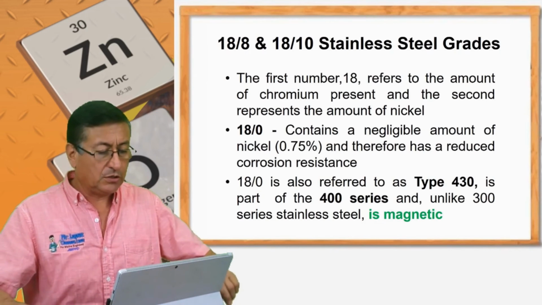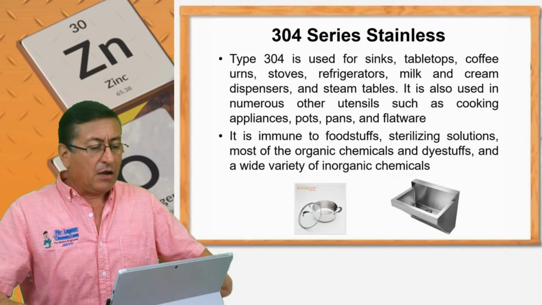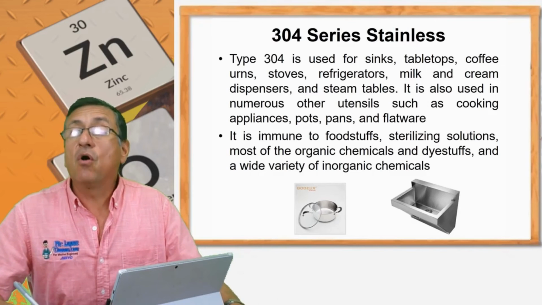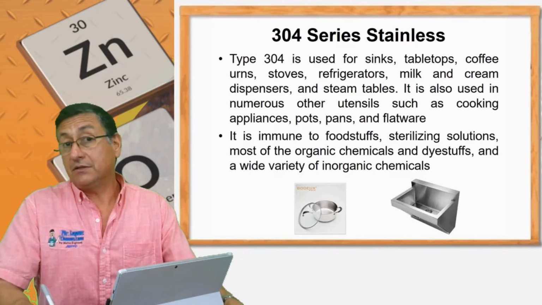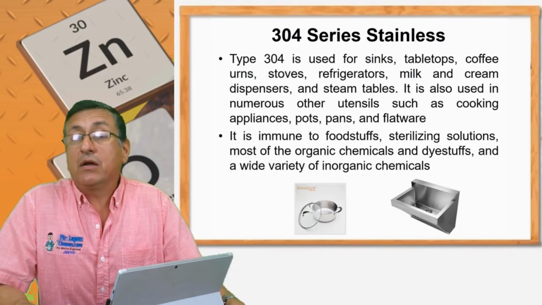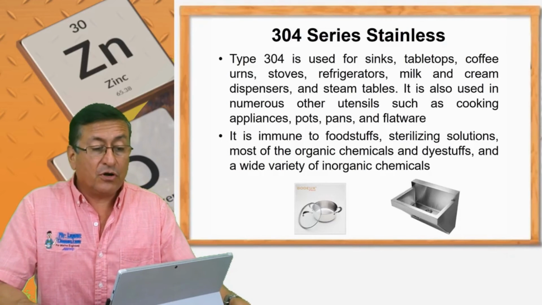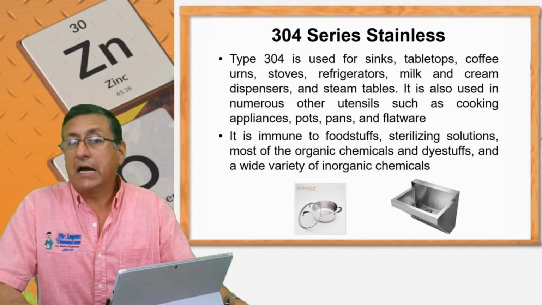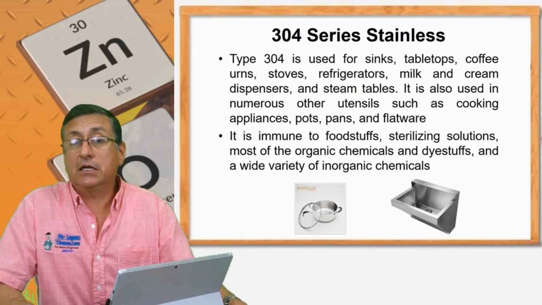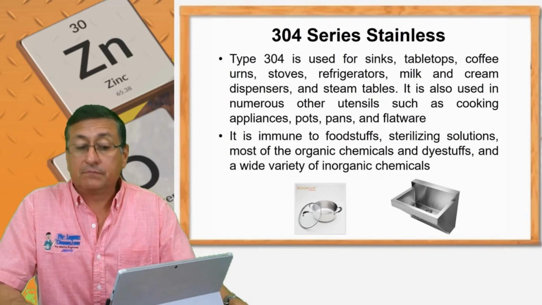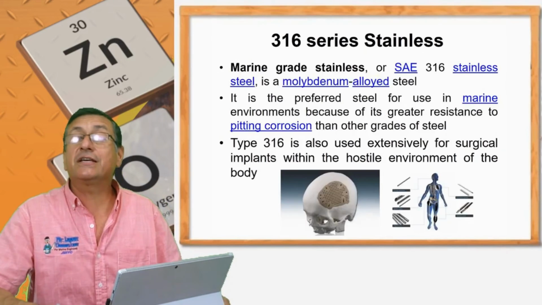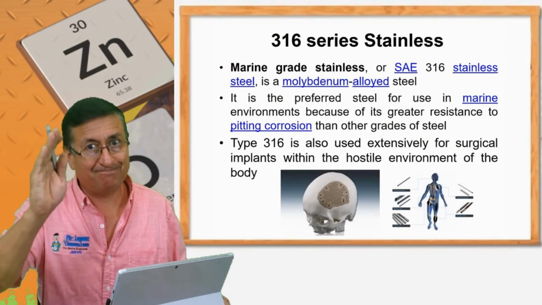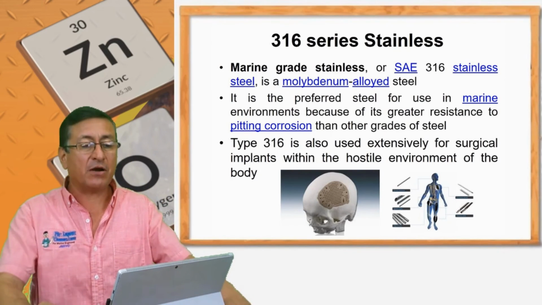All right, good. And now we are going to start with the series 304. This is a very common marine grade series. 304 is used for sinks, tabletops, coffee makers, stoves, refrigerators. Yeah, it's very common in hospitals, in restaurants. The series 316 is marine grade, 100% marine grade.